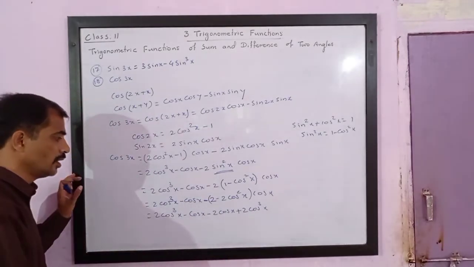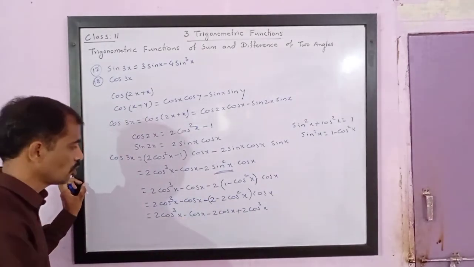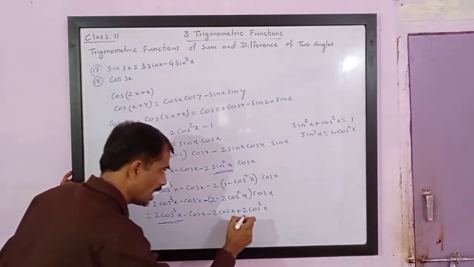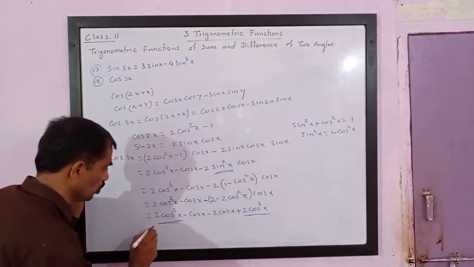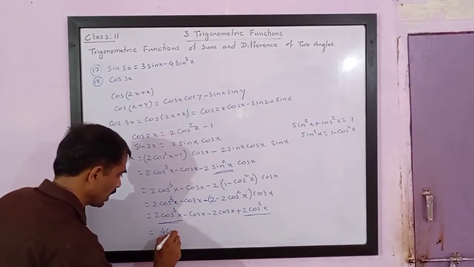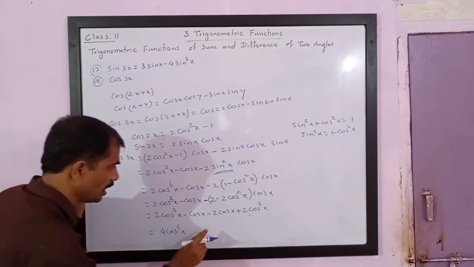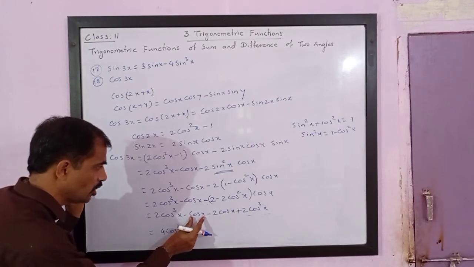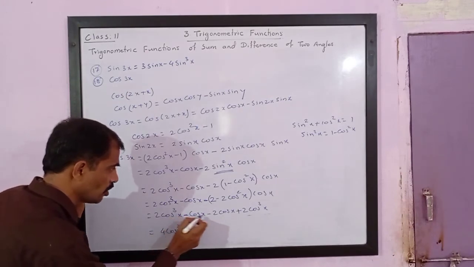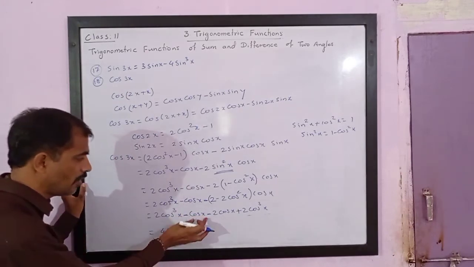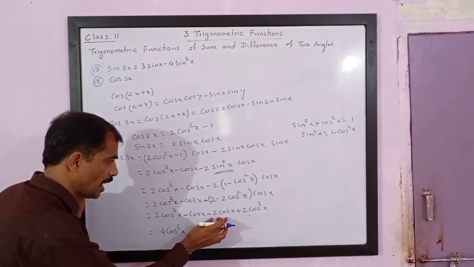Now look at the similar terms. So this is 2 cos cube x and 2 cos cube x. It is 2 plus 2 will get 4 cos cube x. And cos x negative, both are having negative sign, so coefficients will get added. You will have cos x plus minus 2 cos x.